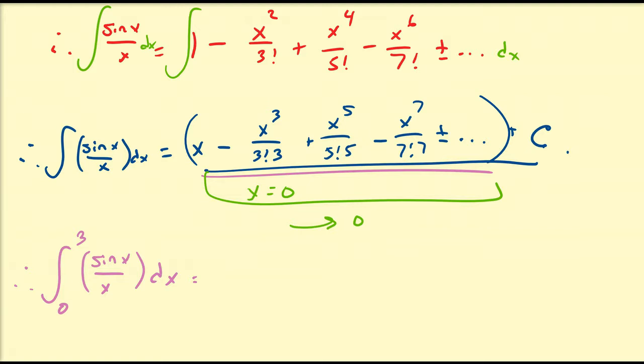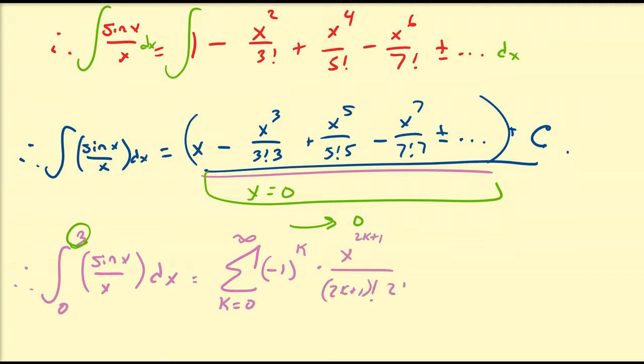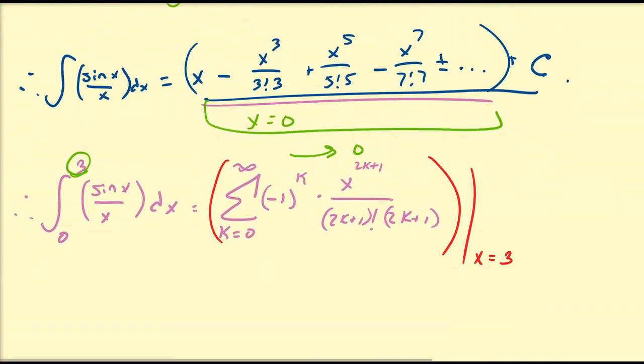So the only value that's going to contribute anything is the value that we get at 3. So this is going to be equal to the sum from k equals 0 to infinity of (-1) to the k times x to the 2k plus 1 divided by (2k plus 1) factorial times (2k plus 1), and we're going to evaluate this expression at x equal to 3.